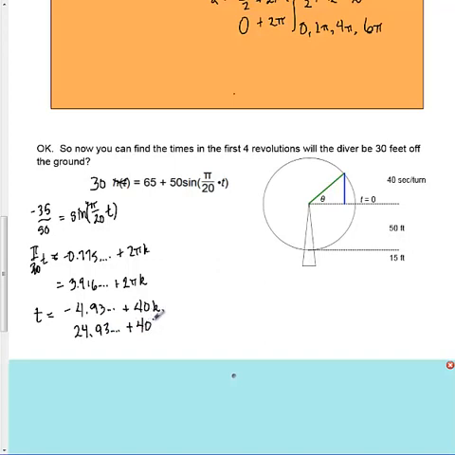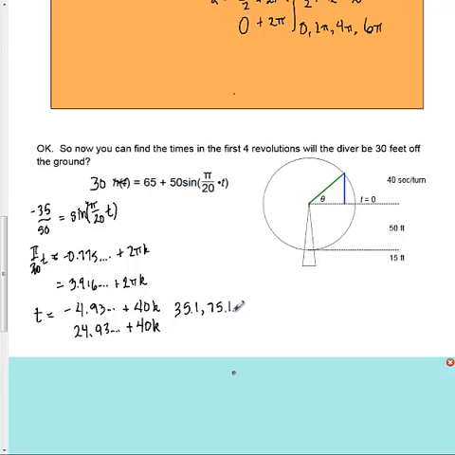And so the first number, negative 0.493, doesn't work, and so I'm going to add 40 to that, and I get 35.1 rounded to 3 significant figures. If I add 40 more seconds to that, I get 75.1, and I'm going all the way up to 4 revolutions, which is going to be 160 seconds, everything under 160 seconds.